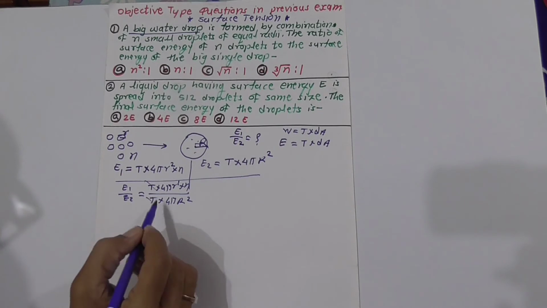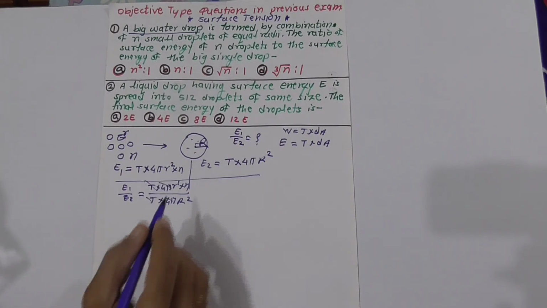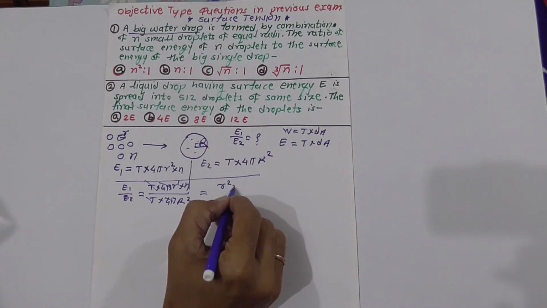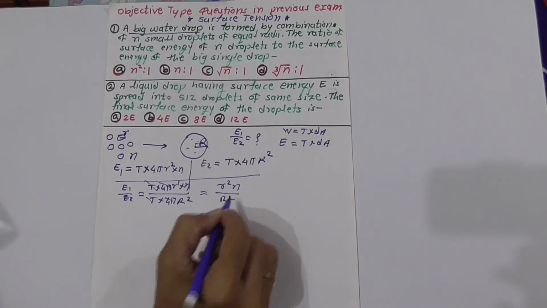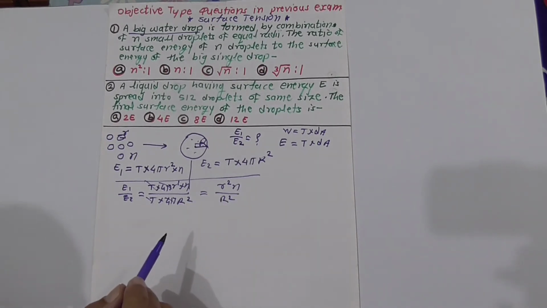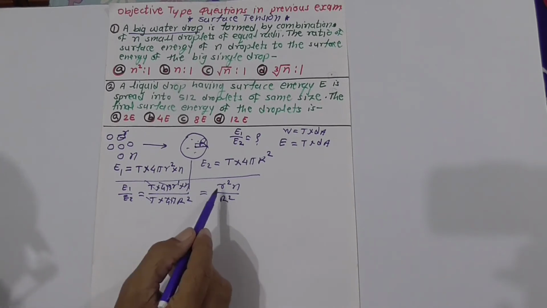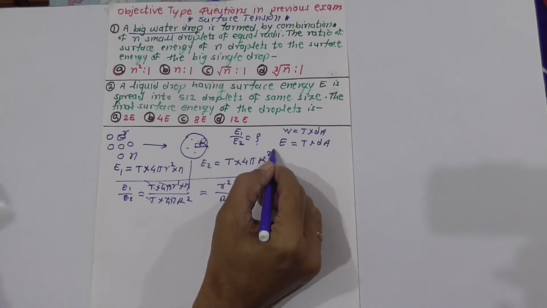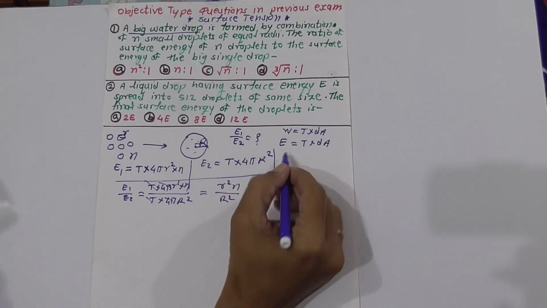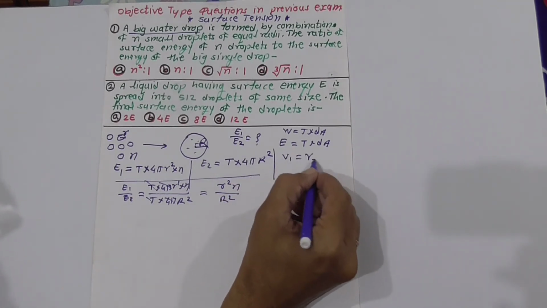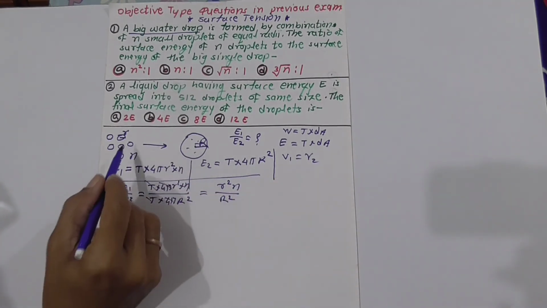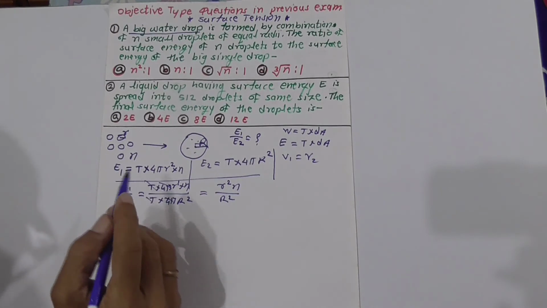Here T gets cancelled, 4 pi gets cancelled. The remaining terms are r square into n upon capital R square. Now we have to find the relation between r square and capital R square. How can that be determined? Of course, by taking their volumes as equal: V1 equal to V2, the volume of the single drop equal to the volume of all n droplets.